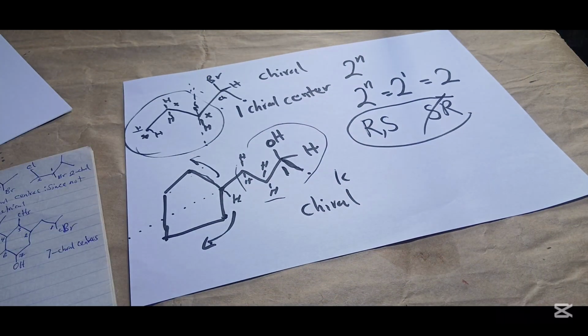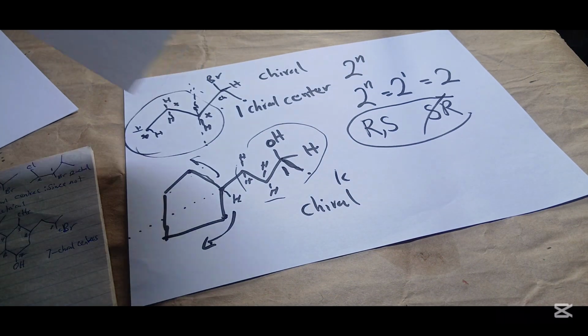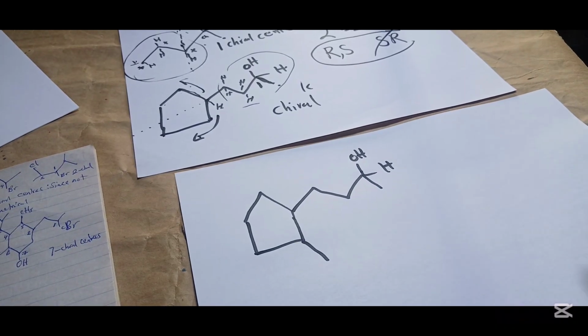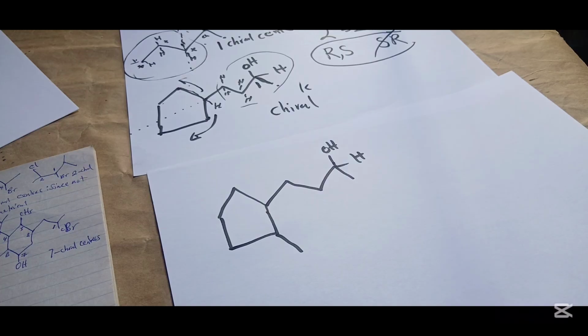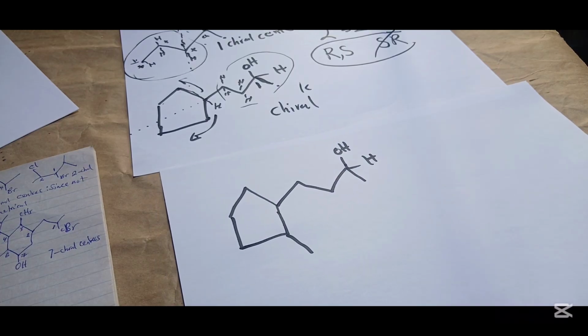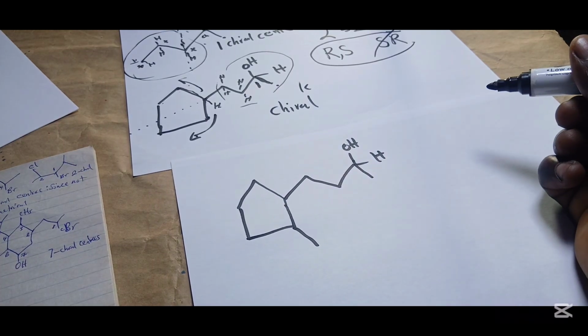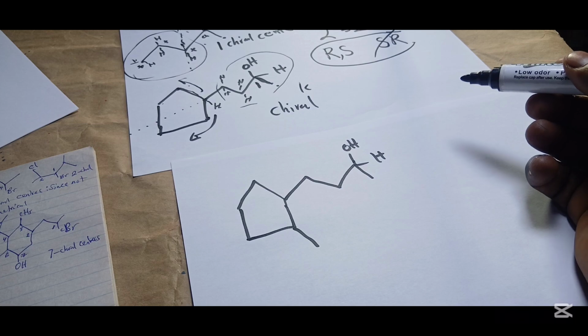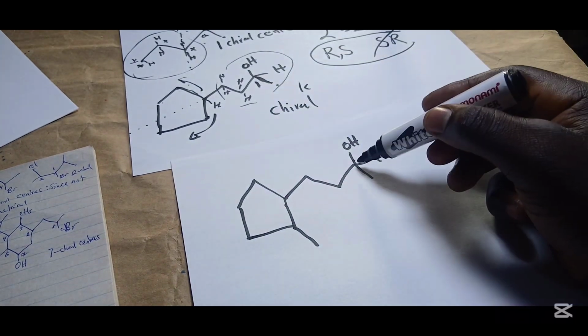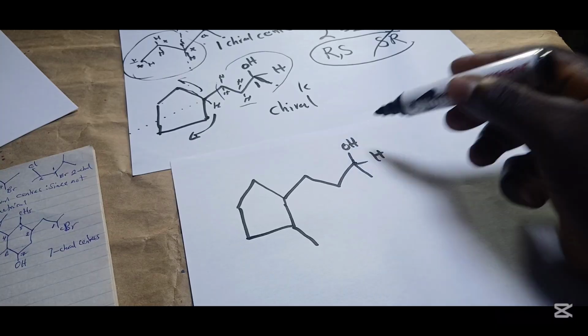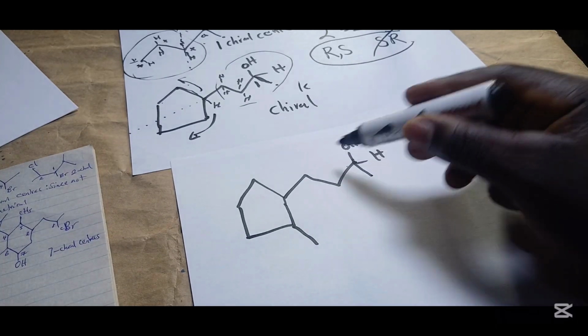What about this? We start looking at the carbon atom with 4 different groups attached to it. From here, you can see that this carbon is chiral. I mean, here you have an OH group, H, a methyl group, and another group attached to it.